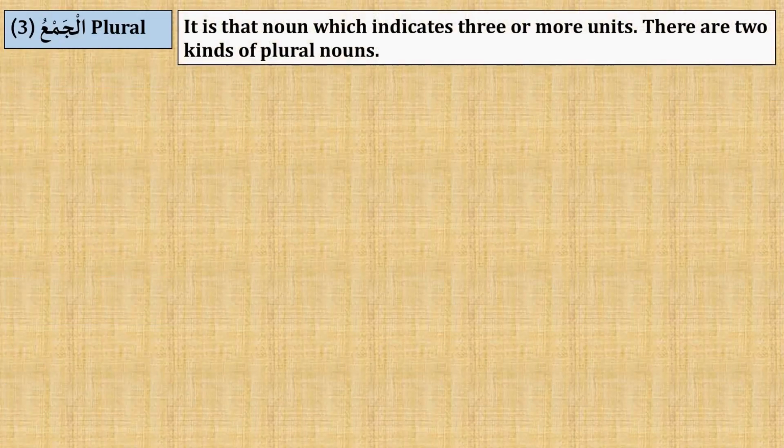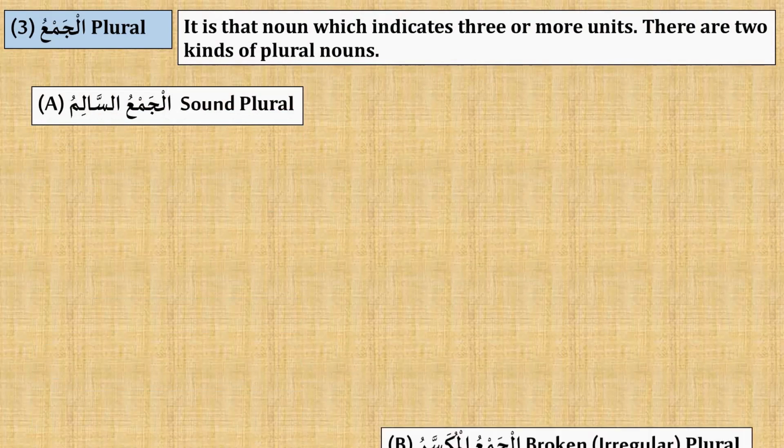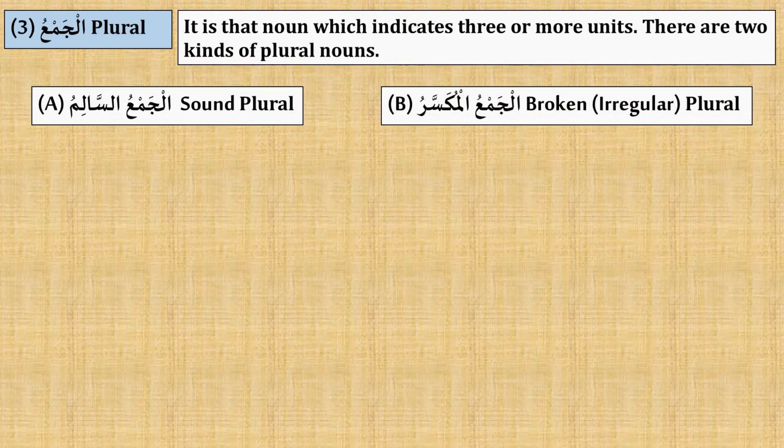Next is Al-Jam'a, plural. It is that noun which indicates three or more units. There are two kinds of plural nouns. First one, Al-Jam'u Salim, sound plural, and the second one, Al-Jam'u Al-Mukassar, broken or irregular plural.